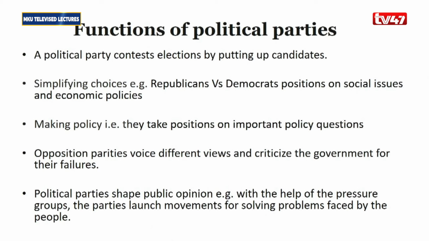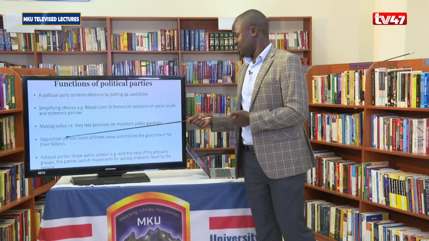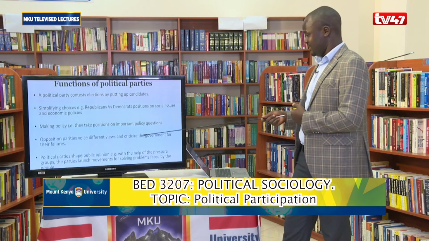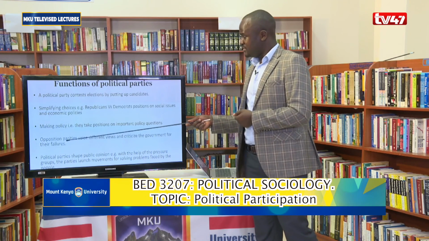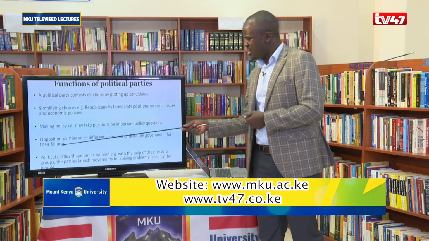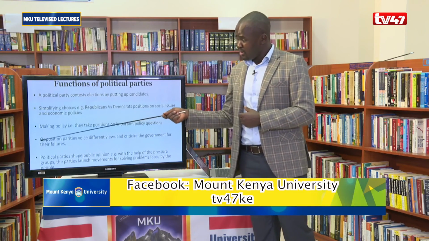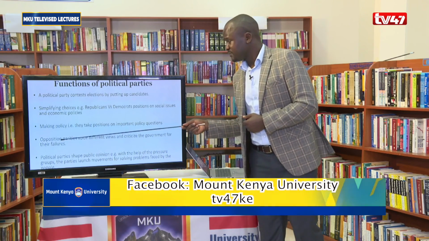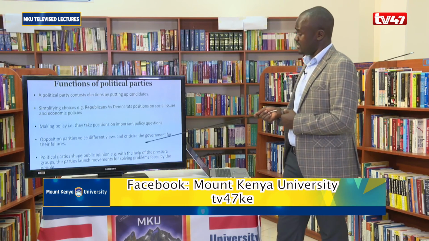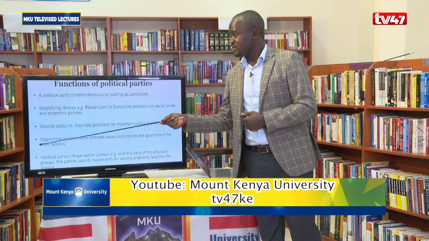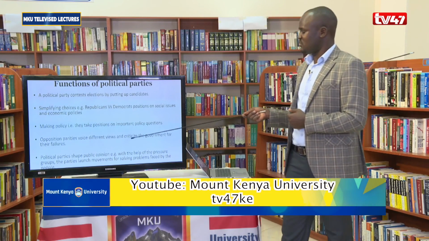A well-organized opposition acts to offer checks and balances to the government. Without opposition parties, active opposition parties, most of the wrongdoings of the government may not be exposed. As a result, the citizens, the electorate, may not realize their objective as to why they voted for the government.